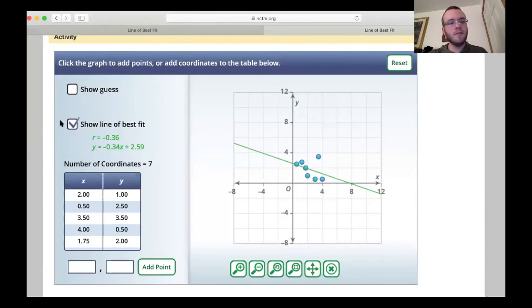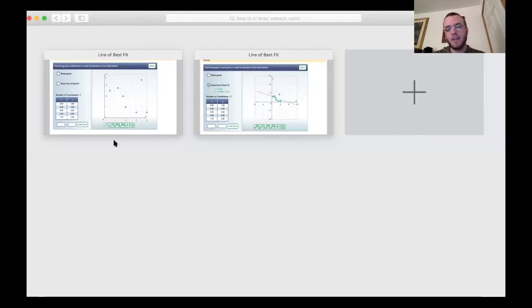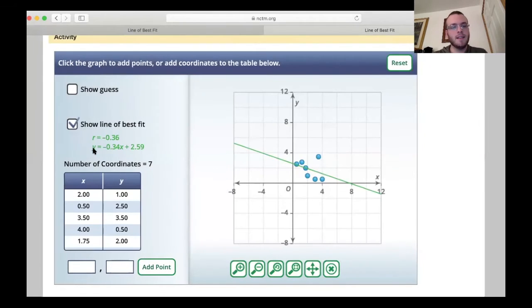And if you look over here on the left where we clicked on the checkbox for the show line of best fit, there are two equations in green. One says r equals negative 0.36. We're going to talk about that, but not yet. And the other you may recognize as a linear equation. It has a slope, a rate of change, of negative 0.34, and a y-intercept of 2.59.